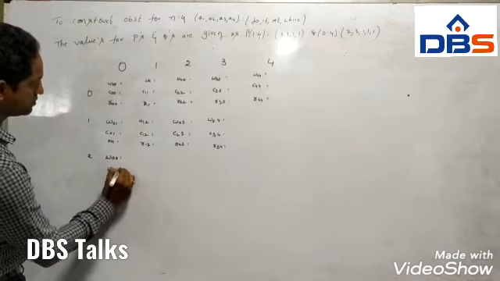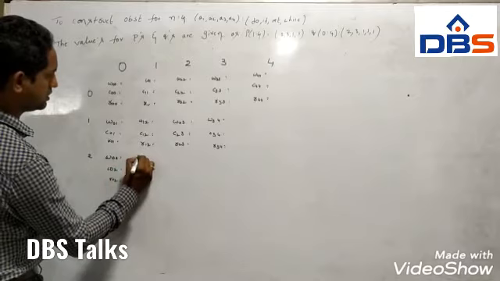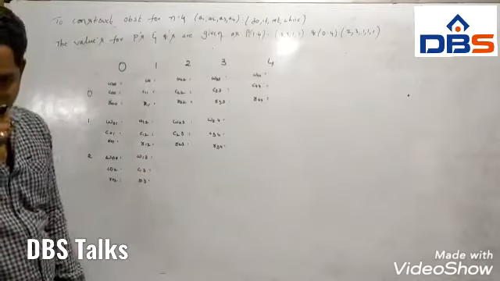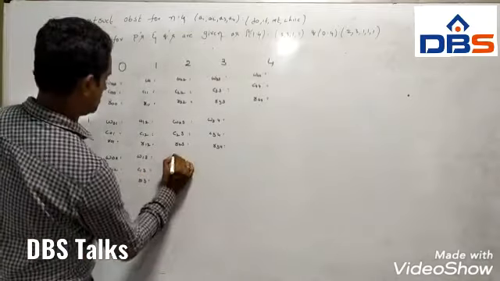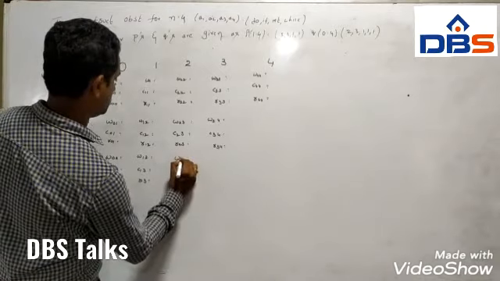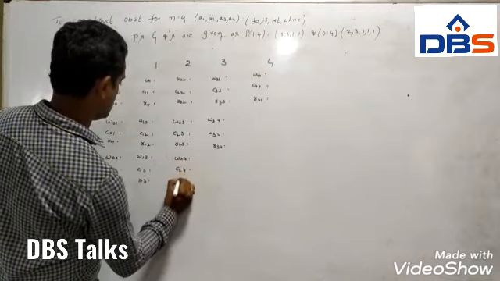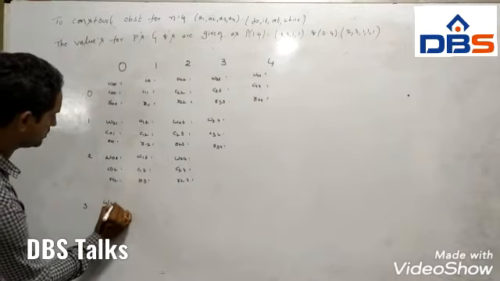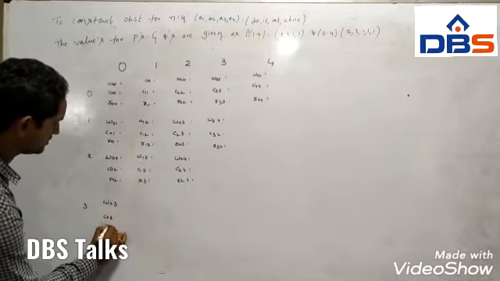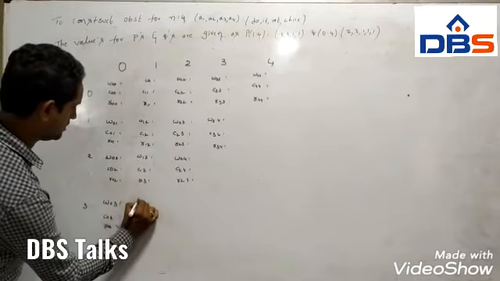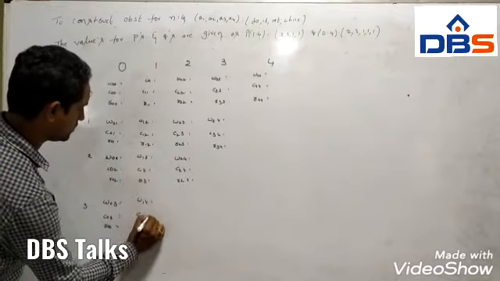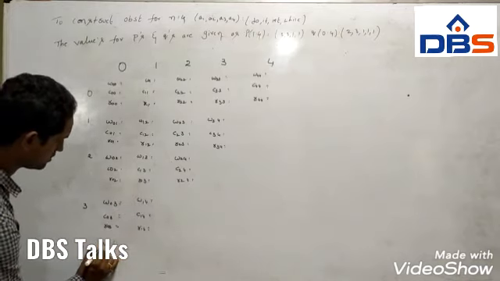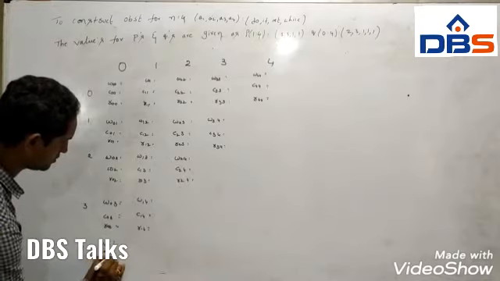W02, C02, R02, W13, C13, R13, W24, C24, R24, W03, C03, R03, W14, C14, R14, W04, C04, R04.